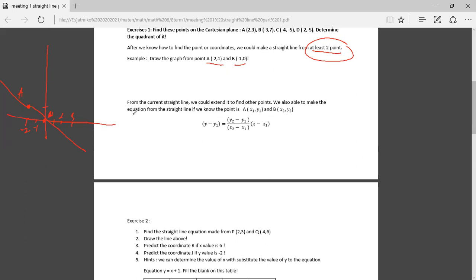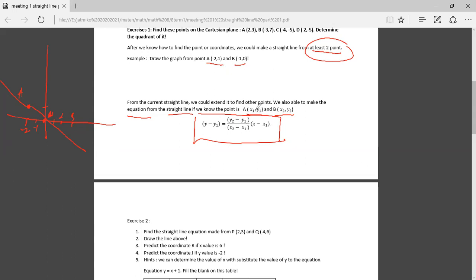And after that, we can also find the equation of the straight line if we have the 2 points. So from 2 points, we can make a line, and of course, we can make the equation from that line. And this is the formula to find the equation: y minus y1 and so on.